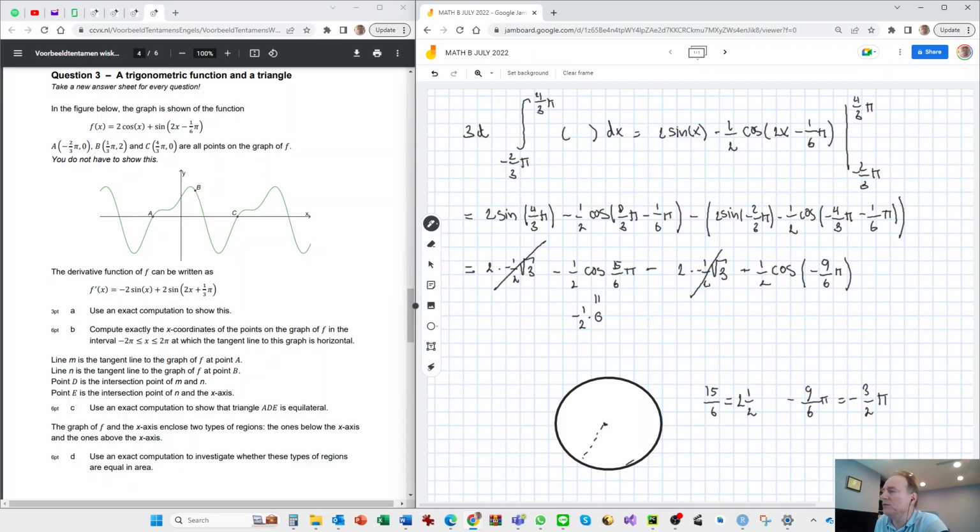So that one is also 0. So this whole thing is 0, which means that the regions are equal. So from this follows the regions are equal.